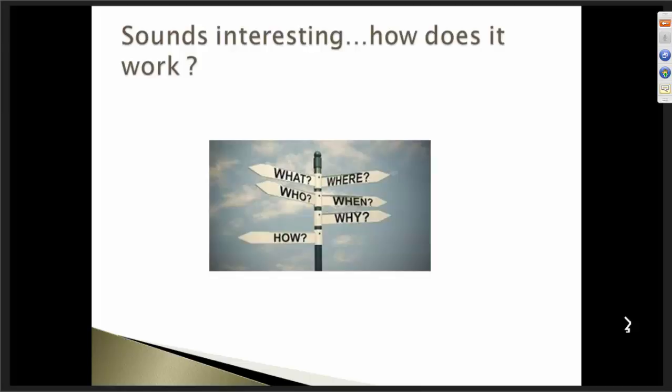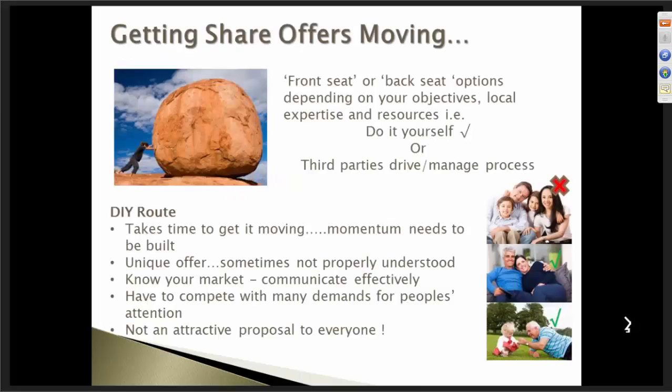Well, if we move on to looking at how we get a share offer moving, groups have options here as well. They can proceed with share offers on a homemade basis, and this is very much what we did. We took the front seat and managed all aspects of the process. It involved a lot of work, but it paid off because it meant we had quite a lot of local engagement as well.